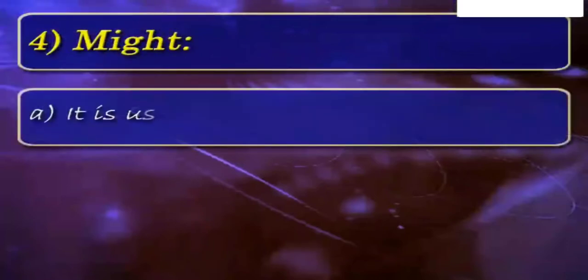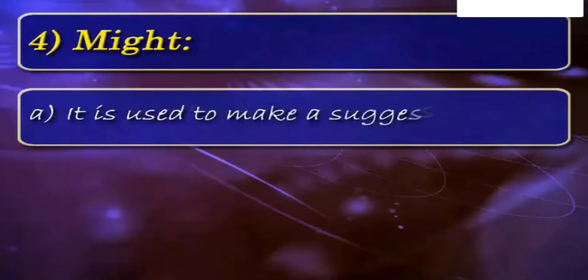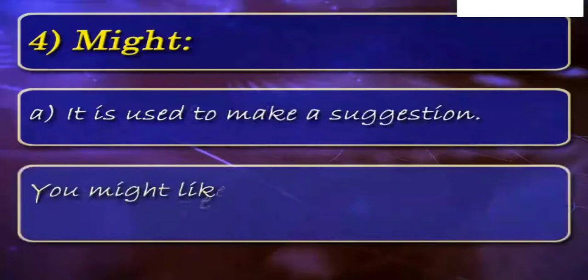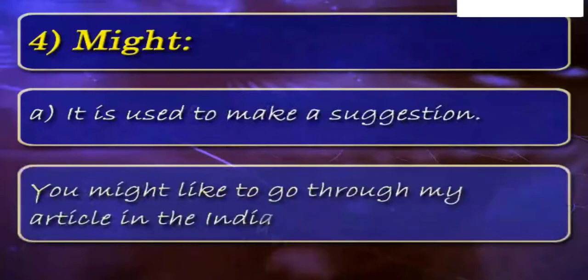Fourth type of helping modal verb is might. A. It is used to make a suggestion to an individual. You might like to go through my article in the Indian Express. Here, might is used to make a suggestion to me to go through his article in the Indian Express.